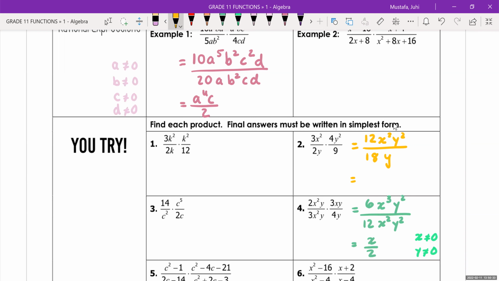I can reduce 12 and 18 by dividing both of them by 6. So I'll get 2 over 3. And then x squared divided by nothing is going to keep an x squared at the top, and y squared divided by y will keep a y at the top. So I'll end up getting 2x squared y over 3.